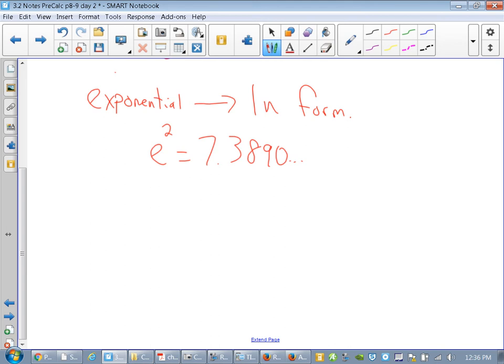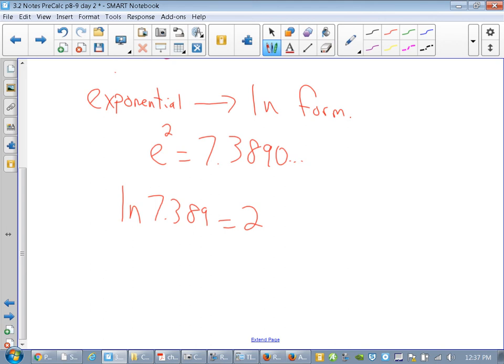How would you undo E? Natural log. And to undo natural log, you E it. Basically, all this means is that the natural log of 7.389 and change equals 2. That's it.